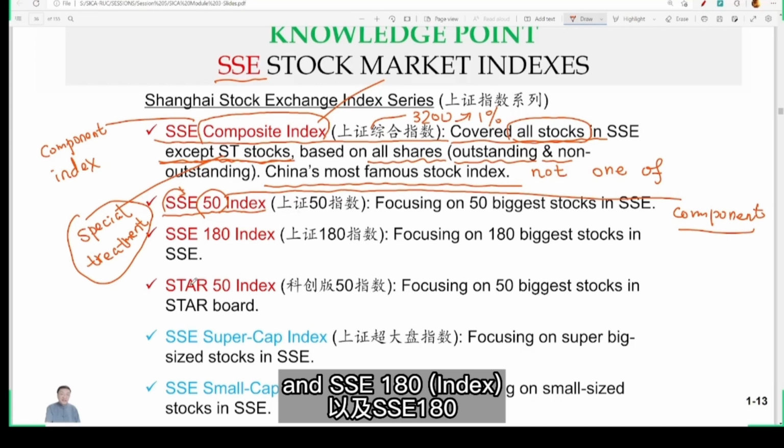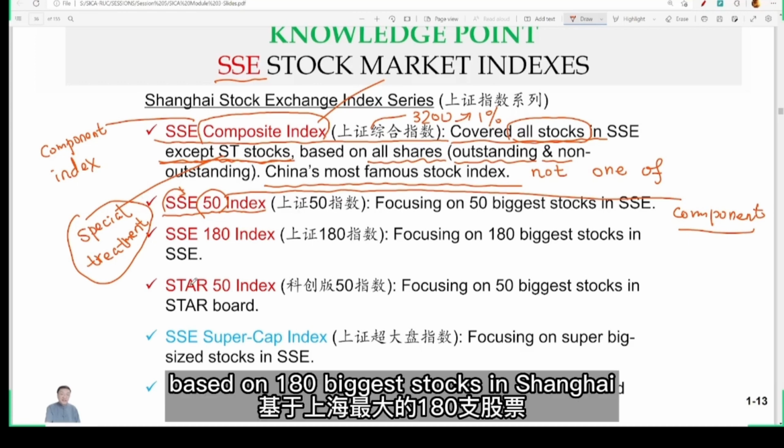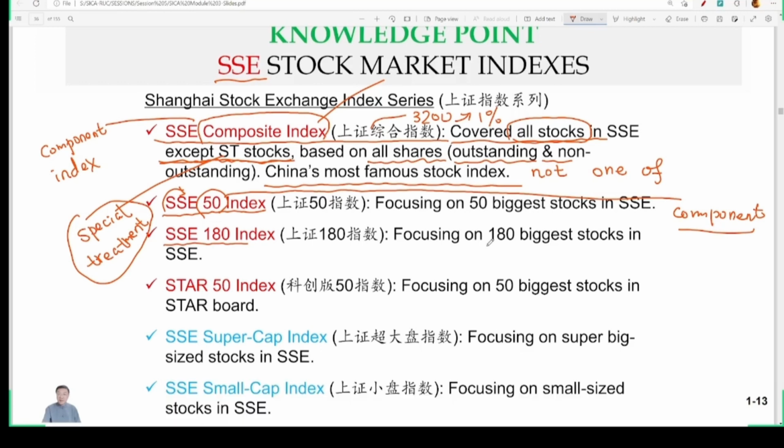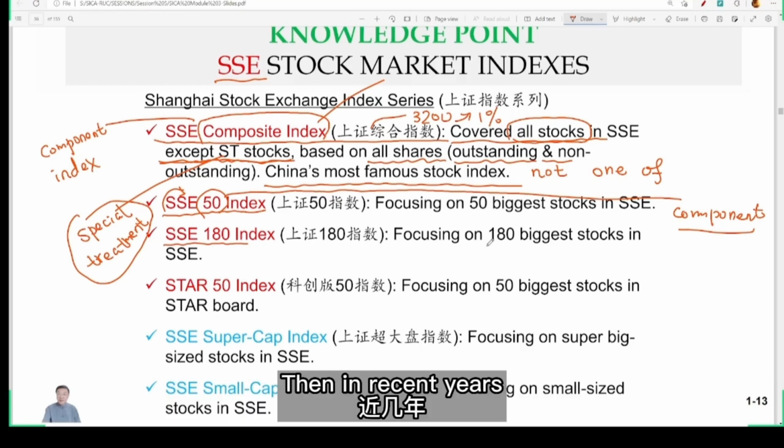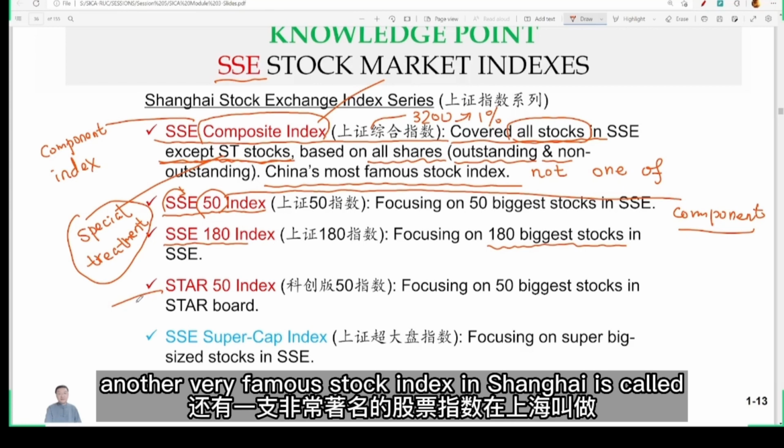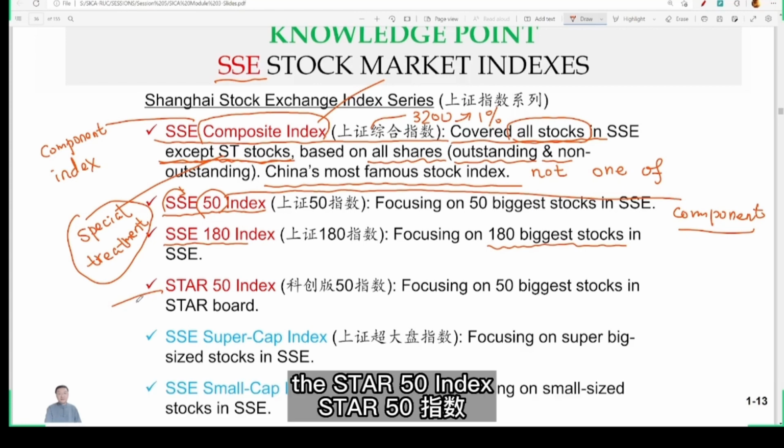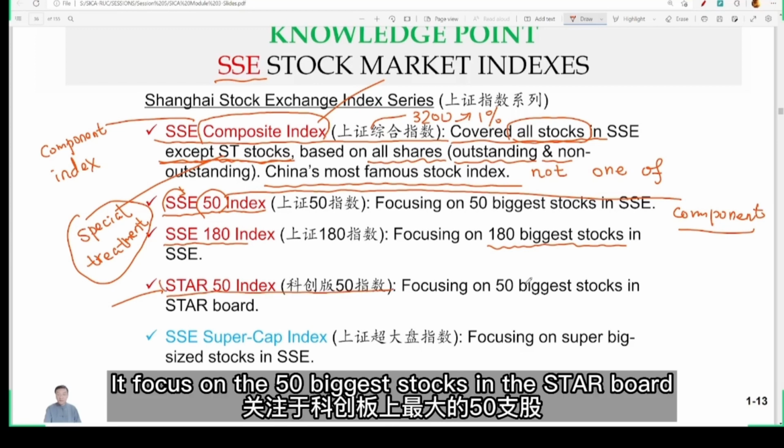And SSE 180 is based on the 180 biggest stocks in Shanghai. Then in recent years, another very famous stock index in Shanghai is called the Star 50 index. It focuses on the 50 biggest stocks in the STAR Board.